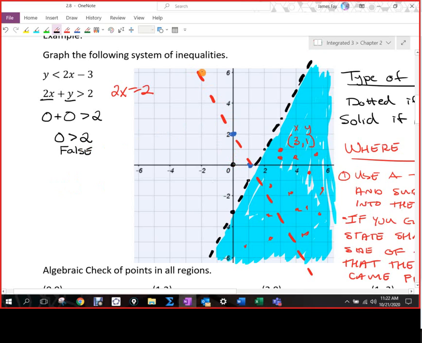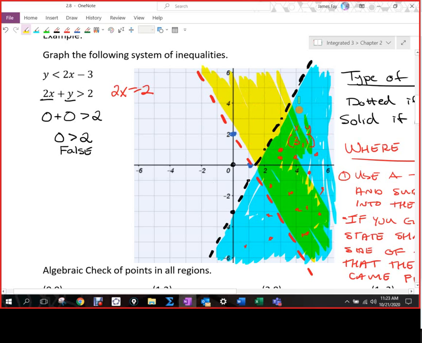So there's two sides of this red dotted line. 0, 0 is on one side, and all the points on that side would give me a false result. But on the opposite side, they're all going to give me a true result. So I'm going to go to the opposite side and shade over there. So all of this would be on the opposite side of the red dotted line.